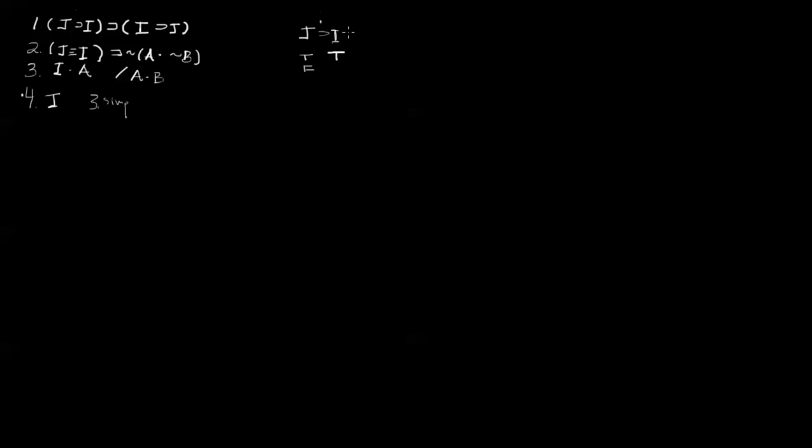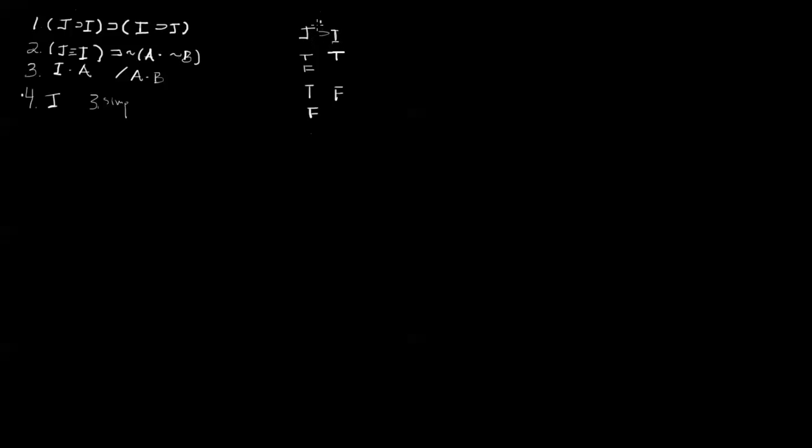So the only way this could be false is if j was true and I was false. But in every other case, if j is false and I is false, if j is false and I is true, if they're both true, then the statement's always treated as true.